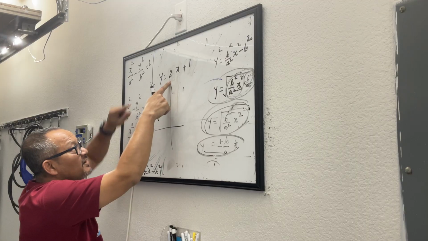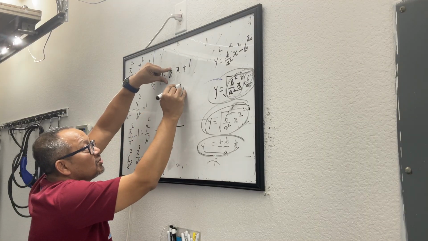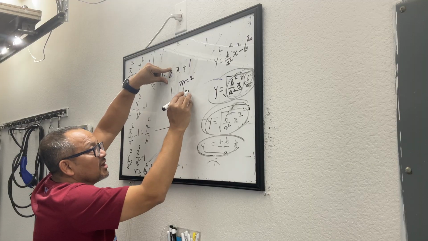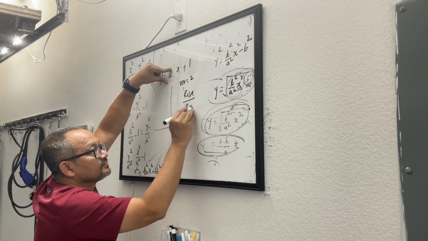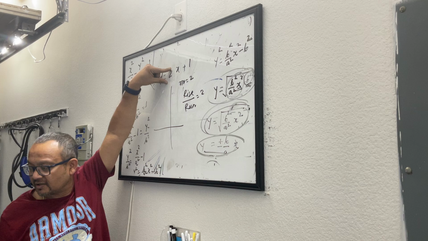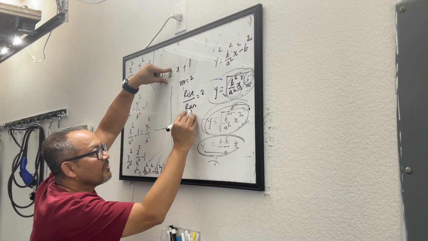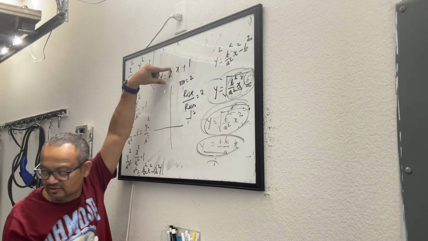I'm talking about a line which has a slope of 2. Slope of 2 means rise over run is 2, correct? Meaning for every increase of x by 1, my y is increasing by 2. That's what slope is, correct?